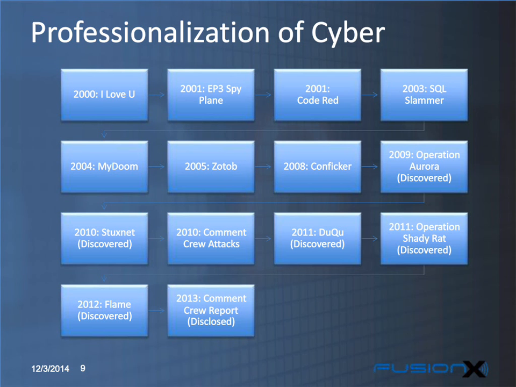We then saw the Code Red virus that kind of grew out of that, SQL Slammer. And then as you can see, as we move along to events like Operation Aurora, Stuxnet, Comment Crew, Duqu, Shady RAT, Flame, and so forth, we see a lot more attacks which are the results of professional groups, whether they be organized crime, state-sponsored or otherwise.